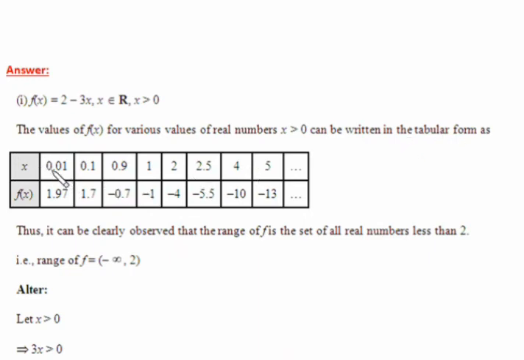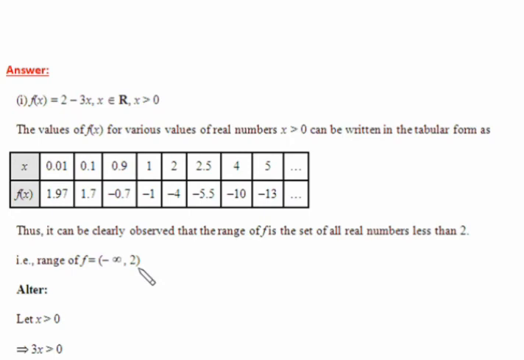Some values are positive and other values come out negative. So it is clearly observed that the domain is all positive real numbers, and the range of f is the set of all numbers less than 2. The range is minus infinity to 2.